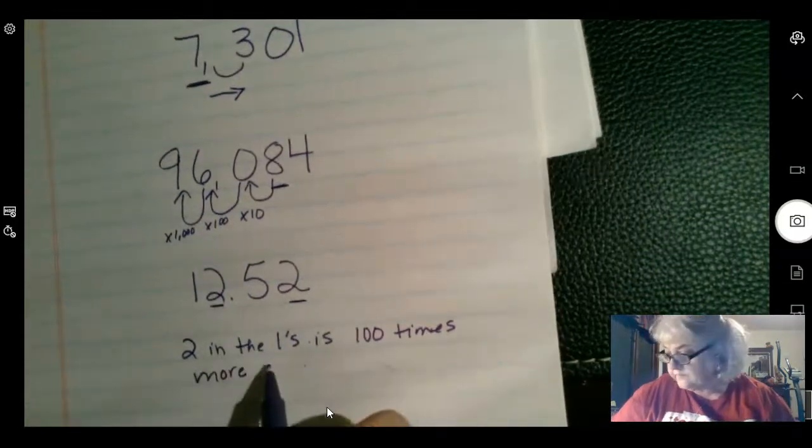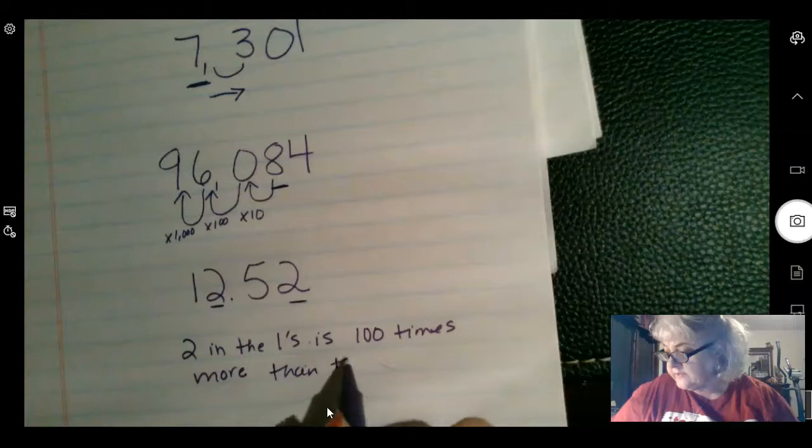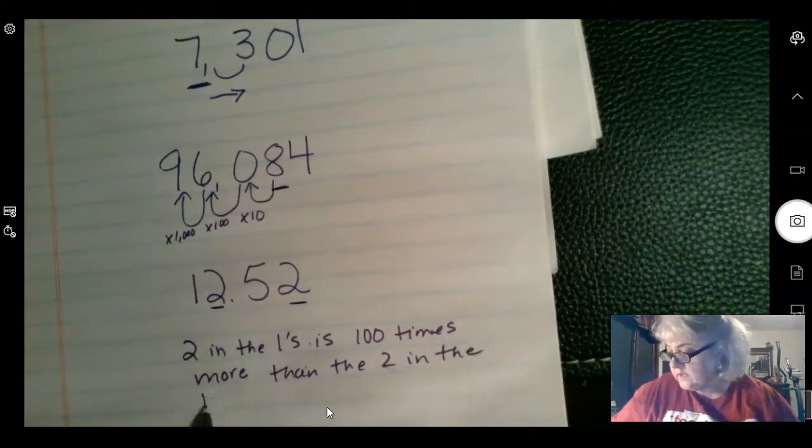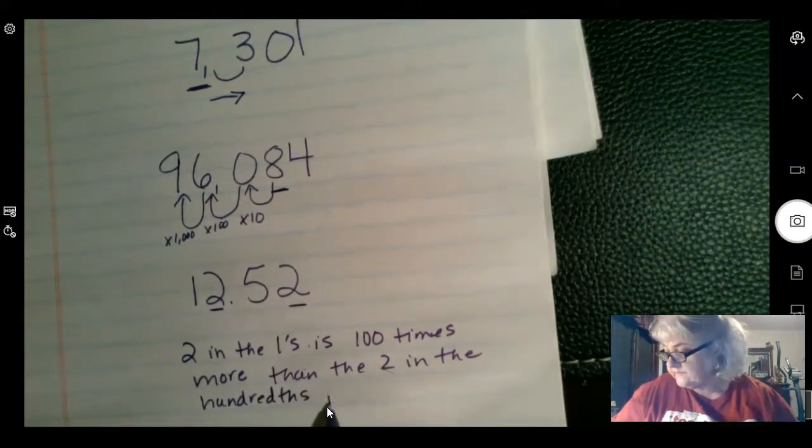So we know that the 2 in the ones is 100 times more than the 2 in the hundredths place.